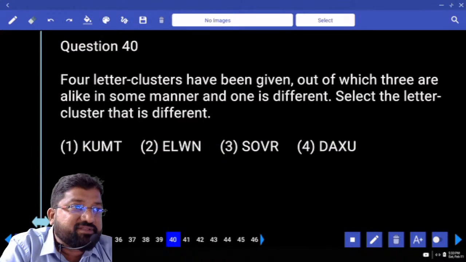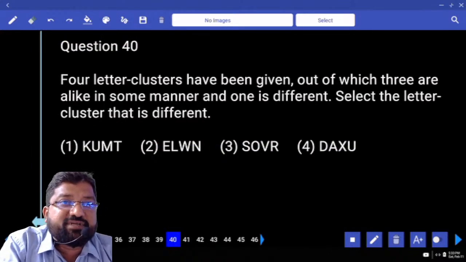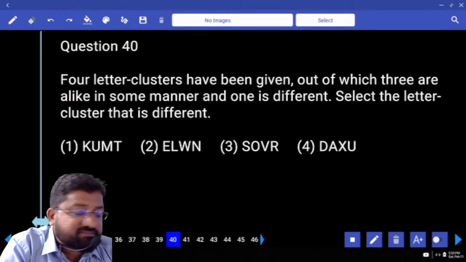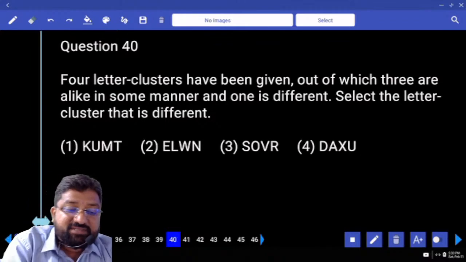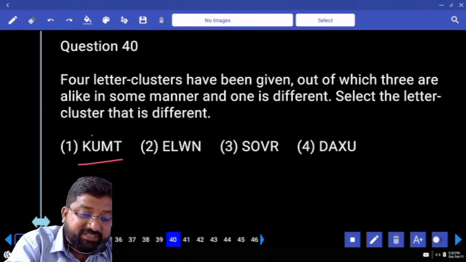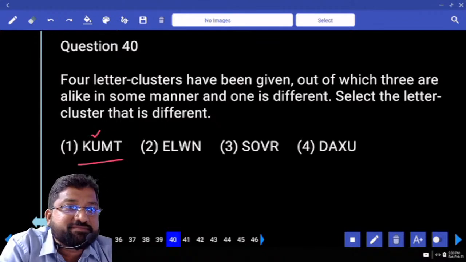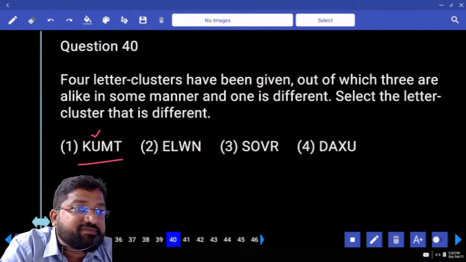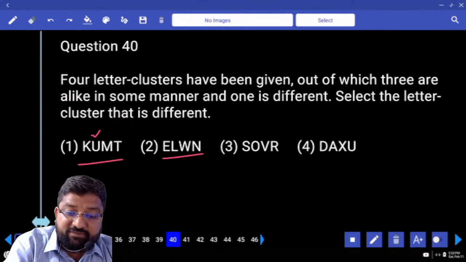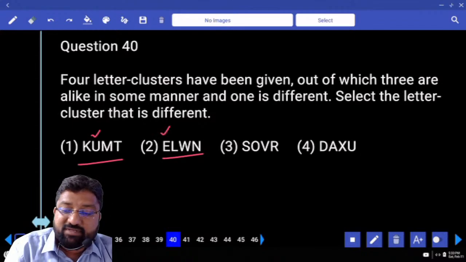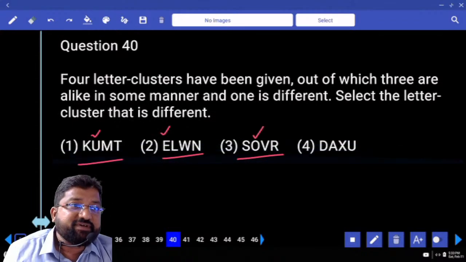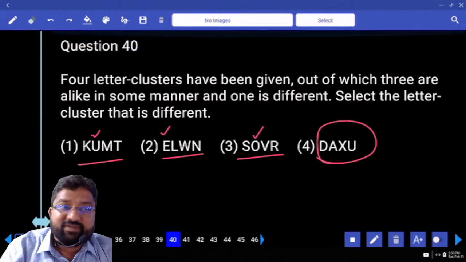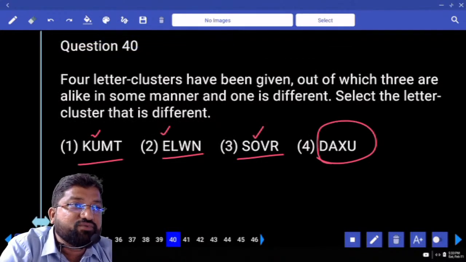They are neither opposite letters nor corresponding letters. It can also happen like this, but remember, this is a set of letters which contains only one vowel. This is also a set of letters containing only one vowel. But this is a set of letters which contains two vowels.